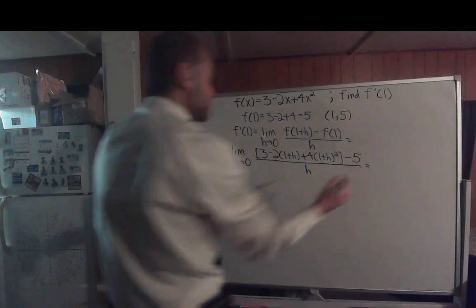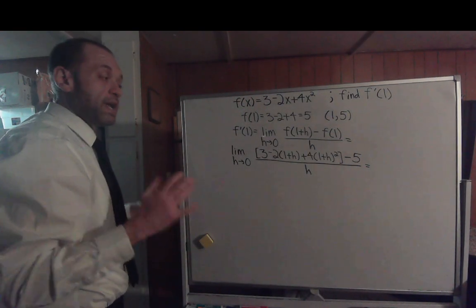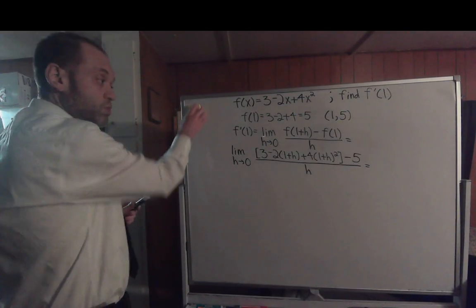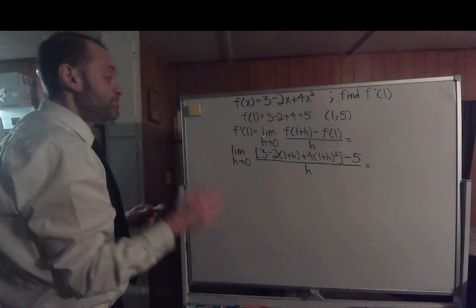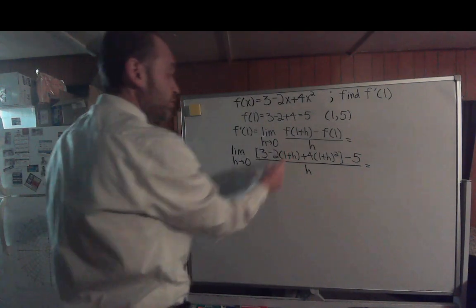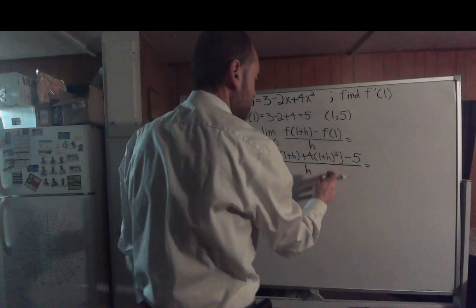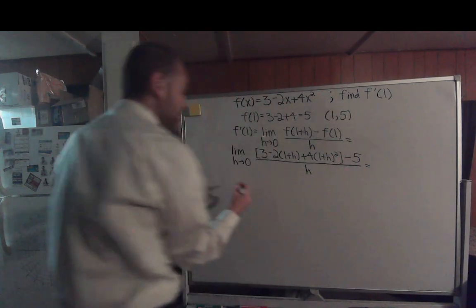And yes, this looks like a hot mess, and right now we cannot use direct substitution, but you're going to see where we're going with this. So we'll work through everything inside the brackets. We'll do the expanding and distributing.